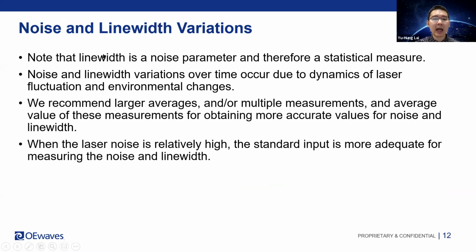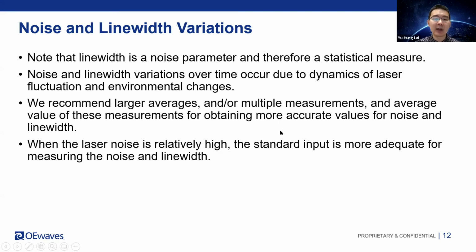So the noise and linewidth vary. I want to mention that linewidth is a noise parameter and therefore a statistical measure. Noise and linewidth variations over time occur due to the dynamics of lasers, fluctuation, and environmental changes. So we recommend a large average or multiple measurements, and the average value of these measurements, for obtaining more accurate values for noise and linewidth.